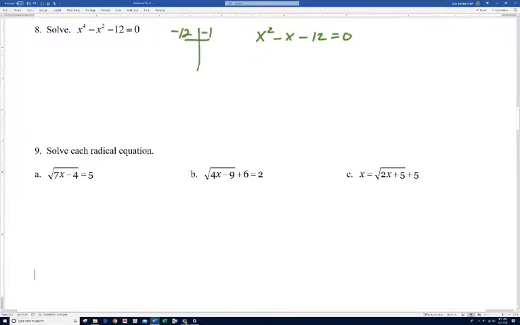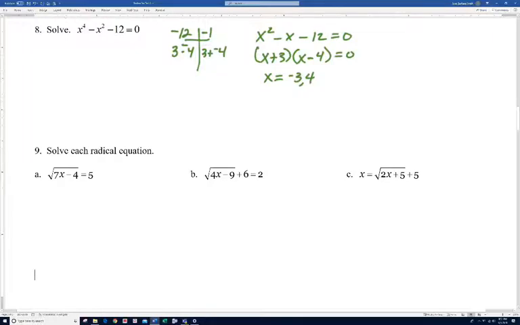We need two numbers that multiply to negative 12 and add to negative 1. 3 and negative 4 are the numbers that work. We would write this as x plus 3 times x minus 4 equals 0. And so we would get negative 3 and 4 for solutions.